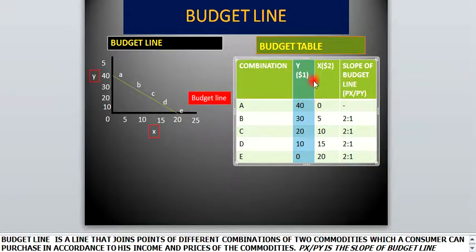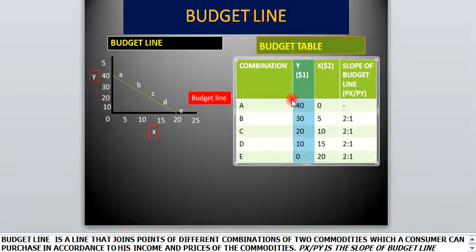The formula for the slope of budget line is price of X over price of Y. That is $2 over $1, which is 2 over 1. That is why we have slope of budget line to be 2:1.